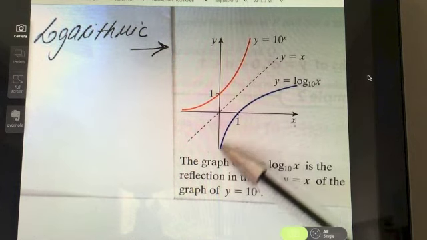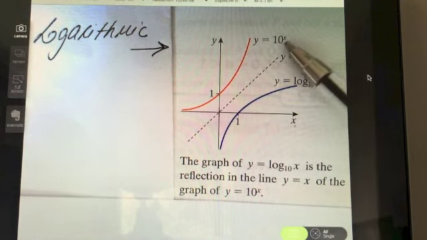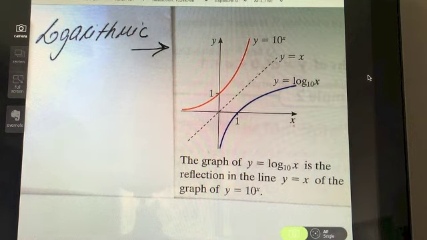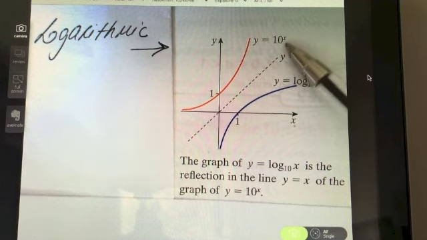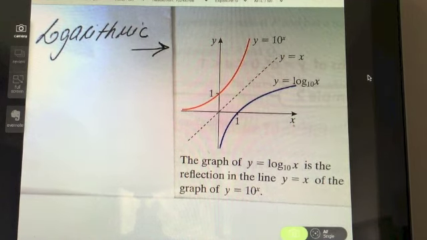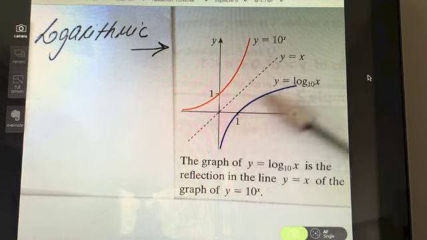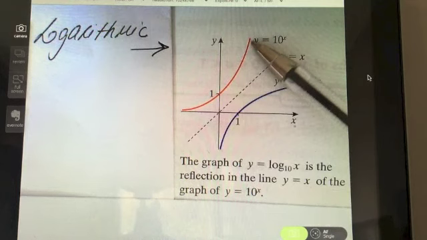It's what's called an inverse function to 10 to the power of x, and I'll talk in a little more detail about inverse functions and how to actually find them, but the log function is an inverse function of the exponential function, and what that looks like is a reflection of that graph in the line y equals x.